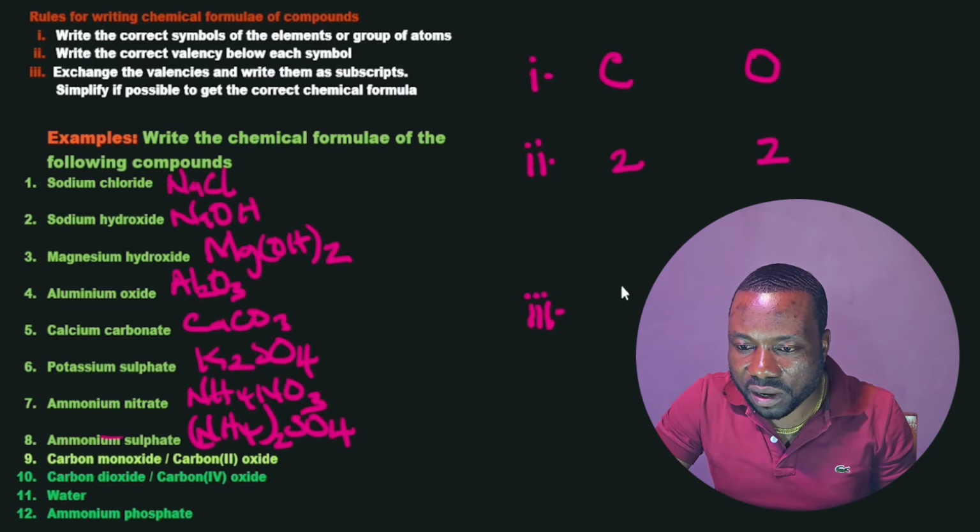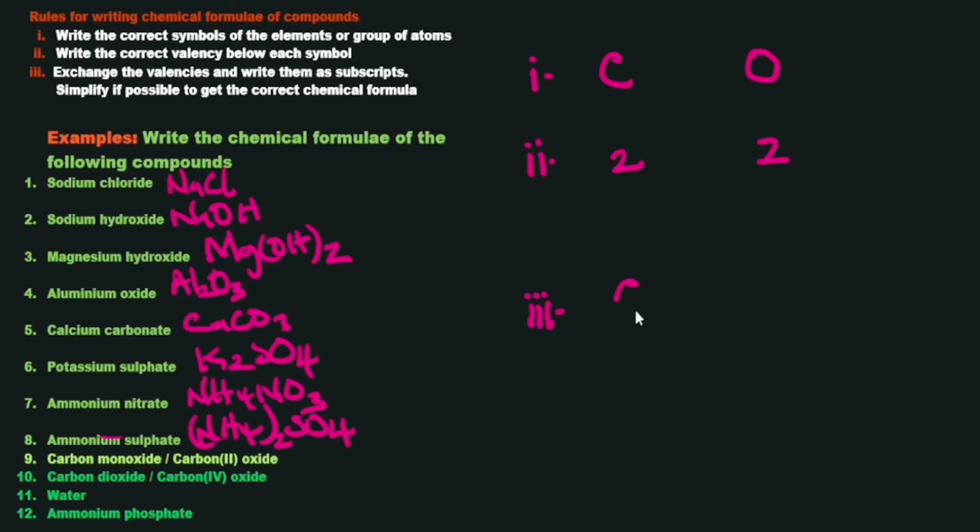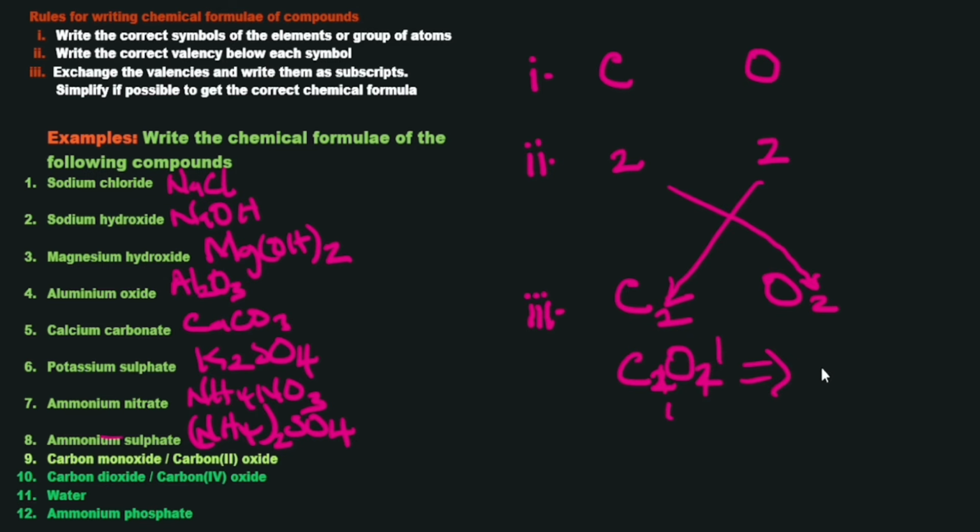Now before writing the chemical formula, we bring down the symbols and then interchange or exchange the valencies and write them as subscripts. So expect this to be C2O2. Now we can further simplify: 2 here 1, 2 here 1, which means that the chemical formula of carbon(II) oxide is CO, which we also call carbon monoxide.